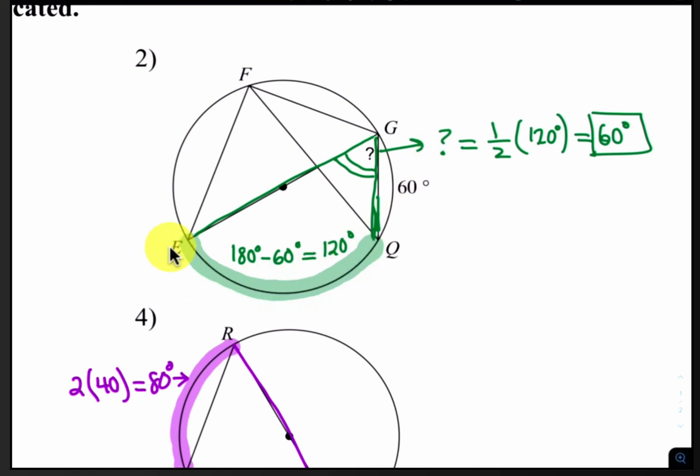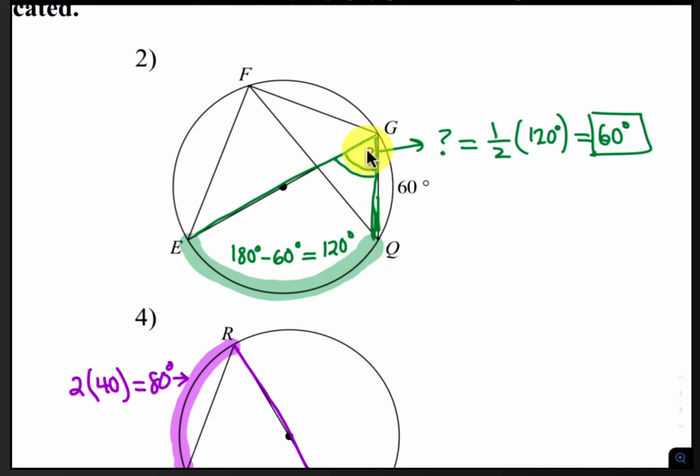So the green arc here between E and Q is simply 180 minus the 60 that is right here. So 180 minus 60 gives us 120. So the green arc from E to Q is 120.